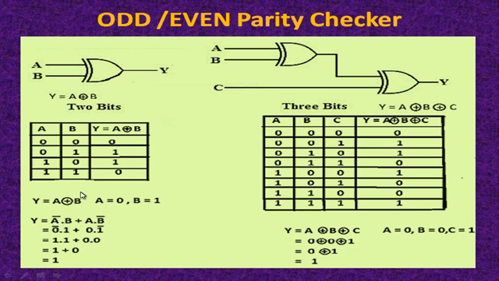Isn't it? And we know the logic of this equation. What is the logic, students? Either A is true or B is true, but not both, then Y is true. Means if two same inputs are present, or two inputs are high, then output will be low.